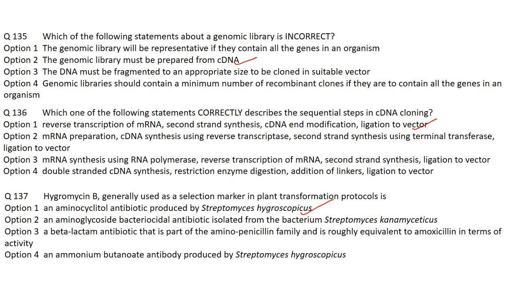The next one. Hygromycin B, generally used as a selection marker in plant transformation protocols, is an aminocyclitol antibiotic produced by Streptomyces hygroscopicus. Hygromycin acts by inhibiting polypeptide synthesis.